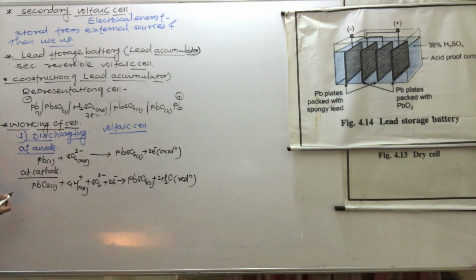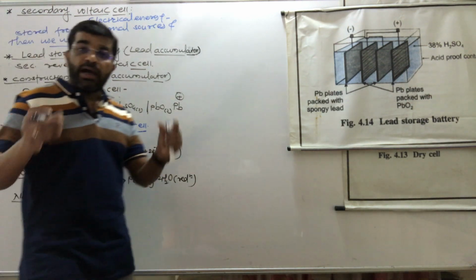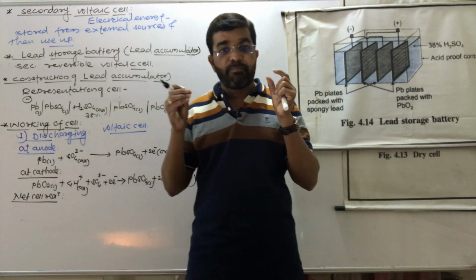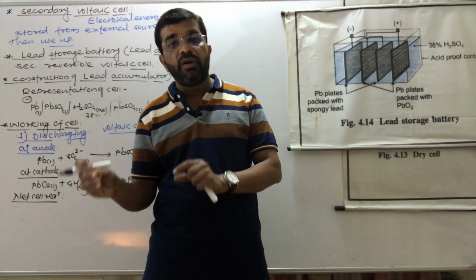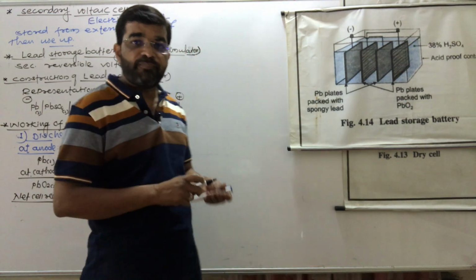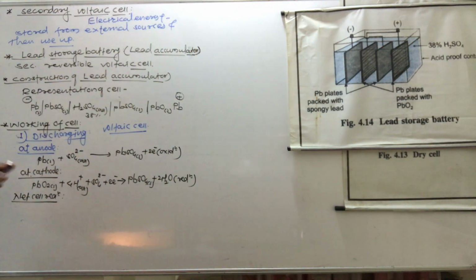From this we can write the net cell reaction. The net or overall cell reaction means anodic oxidation plus cathodic reduction, that is the overall cell reaction.